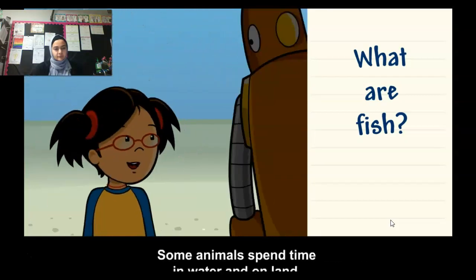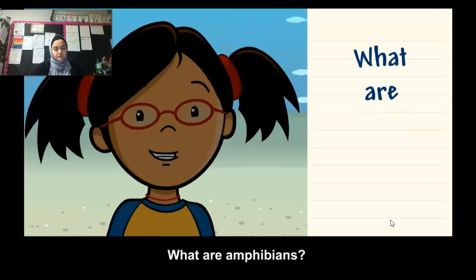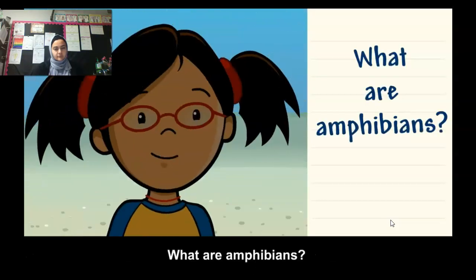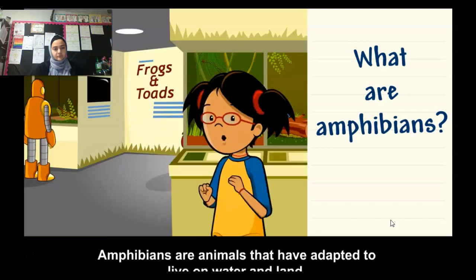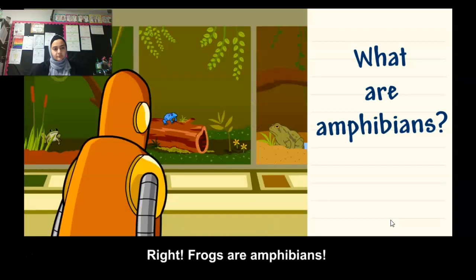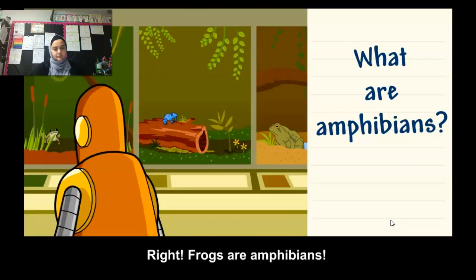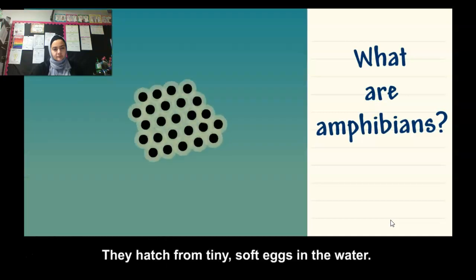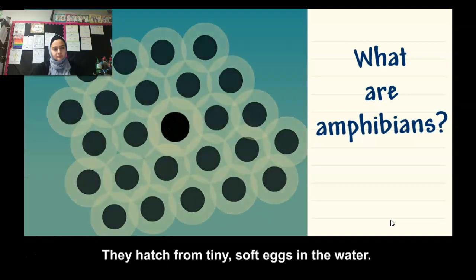Some animals spend time in water and on land. What are amphibians? Amphibians are animals that have adapted to live on water and land. Right, frogs are amphibians. They hatch from tiny, soft eggs in the water.